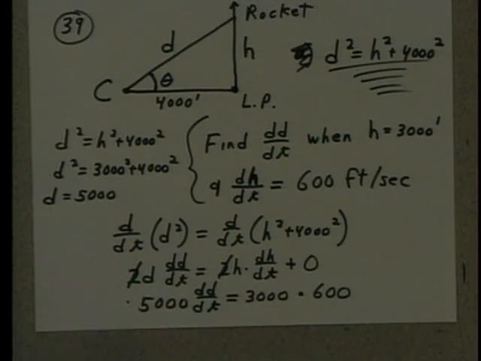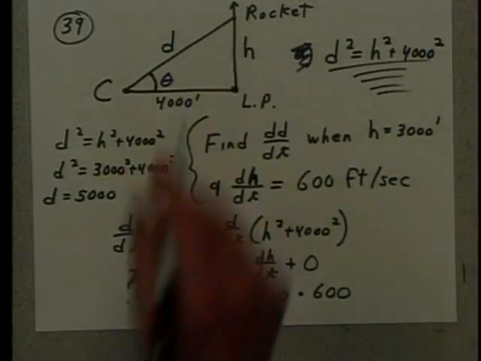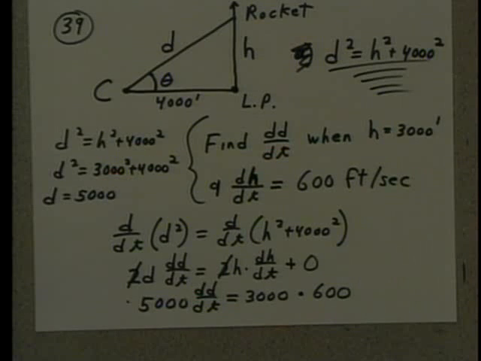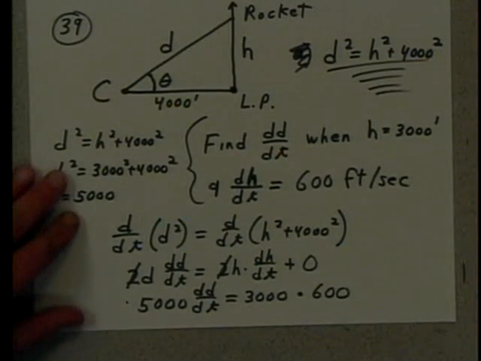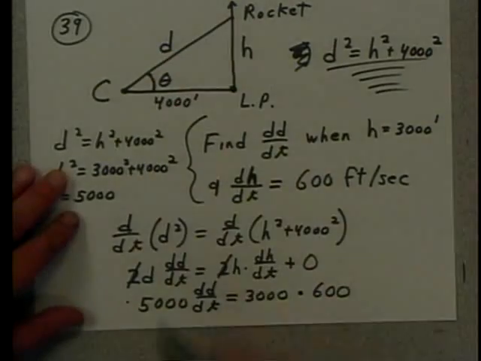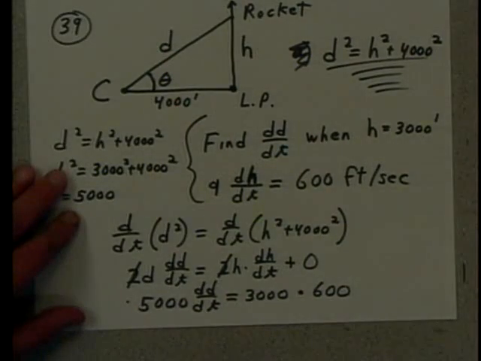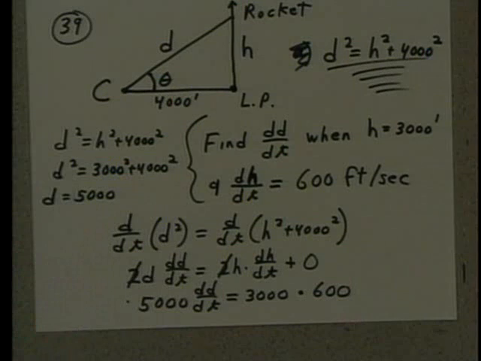For me, the fastest one was tangent because it used H and 4,000, and those were furnished originally. On the other hand, if you did part A, you already know D is 5,000, so it's not an issue.